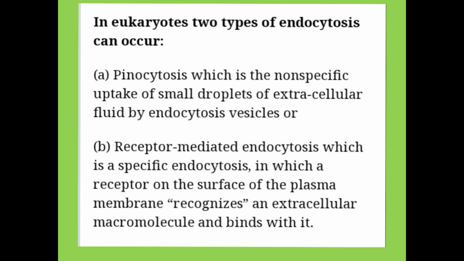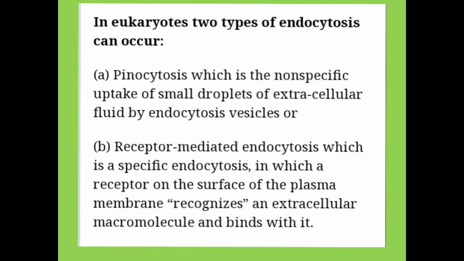There are three types of endocytosis in eukaryotes: pinocytosis, phagocytosis, and receptor-mediated endocytosis. Pinocytosis is the non-specific uptake of small droplets of extracellular fluid by endocytic vesicles.